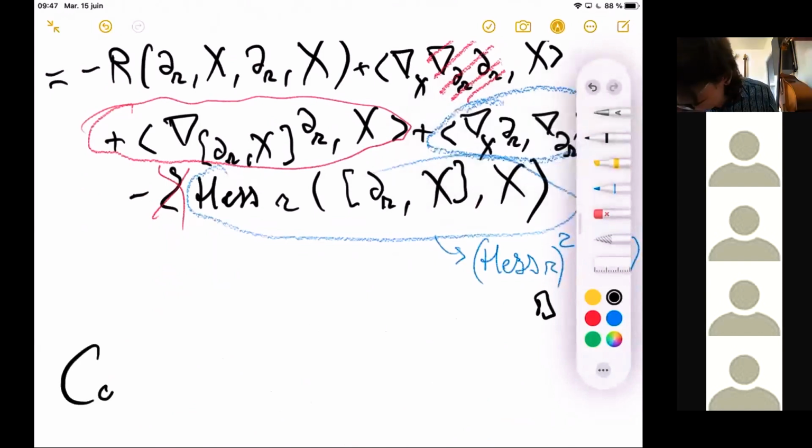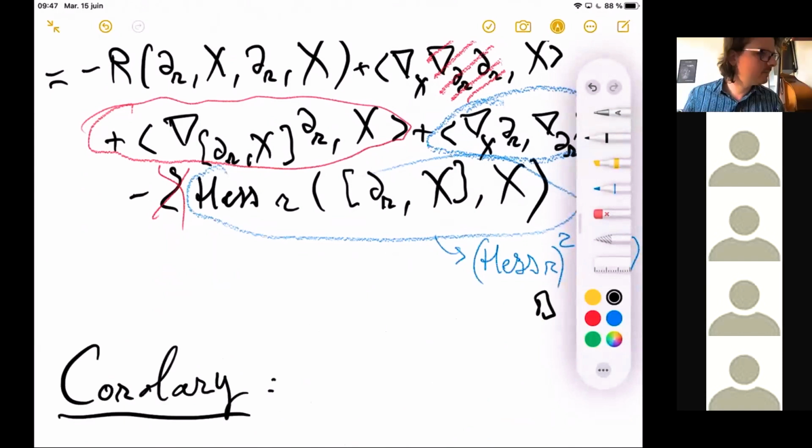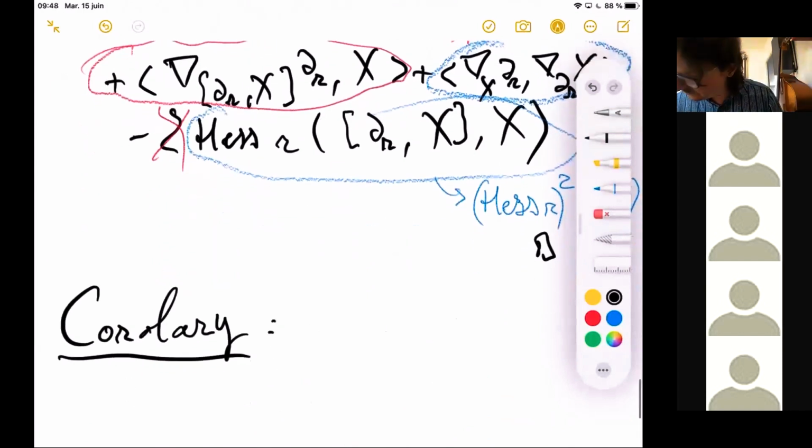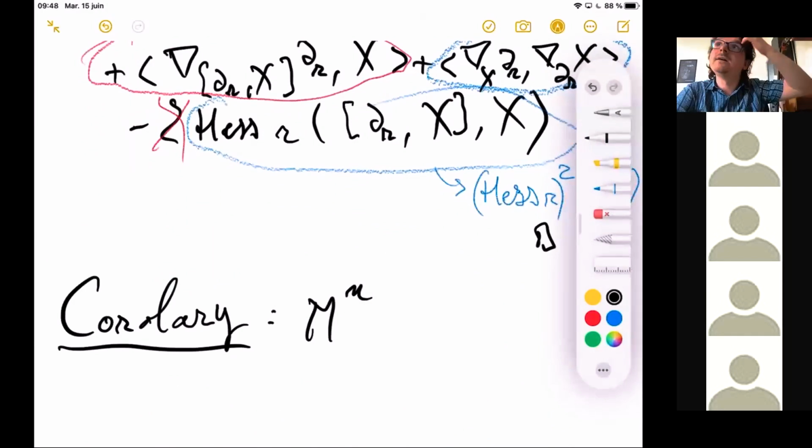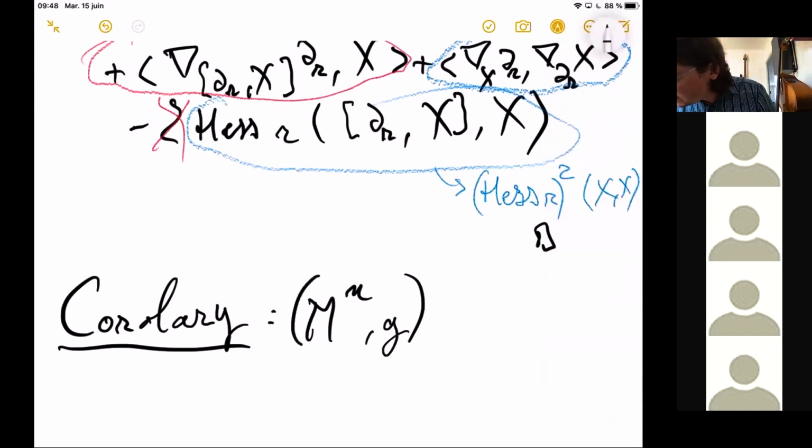Okay, so now let's do a corollary. Now we are going to the setting that we wanted to do. So M^n is, with, I will write K for the sectional curvature.